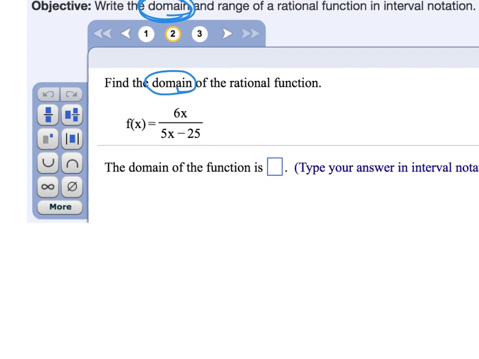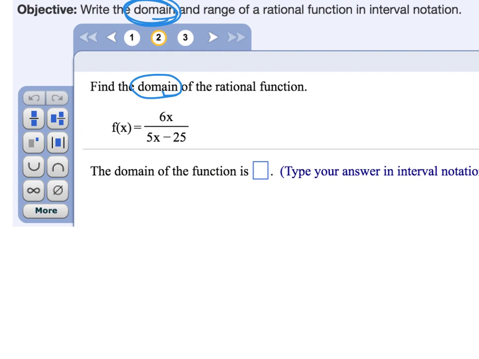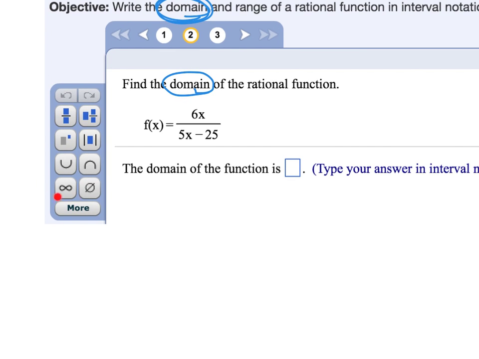So what does that mean? Our interval notation is, and again, you're going to be using these symbols over here. x is allowed to be from -infinity up to 5, so the symbol for infinity is right there.